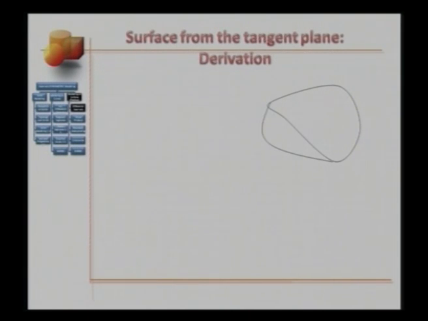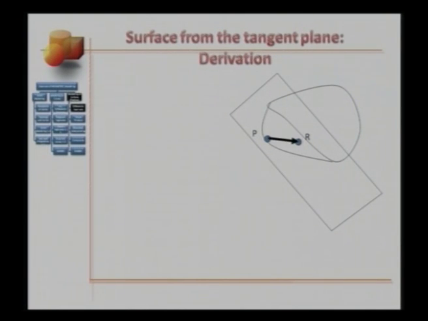Just in case you have missed the previous construction, we have the surface patch, we have a point on it, P. Through this point passes a tangent plane. We have another point, R, on the surface patch.